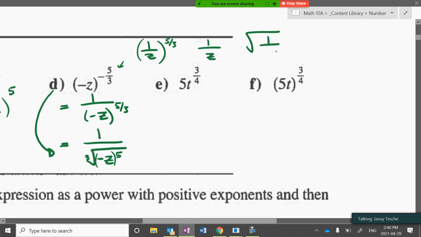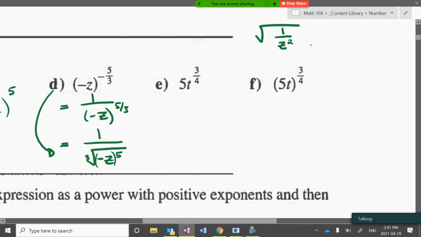That's a really good question. So you're saying to do it like that. Okay, I see what you're saying. I have to work backwards. So you're saying if it was a radical with 1/z inside, could it just be like that?